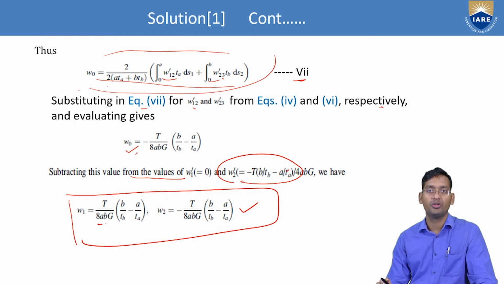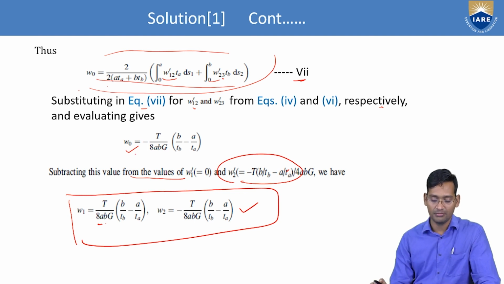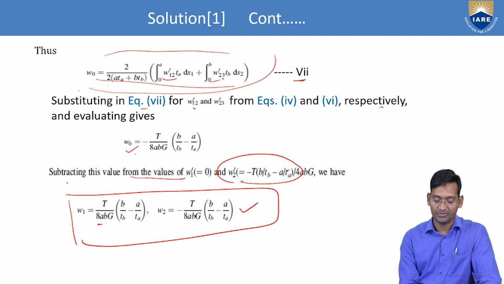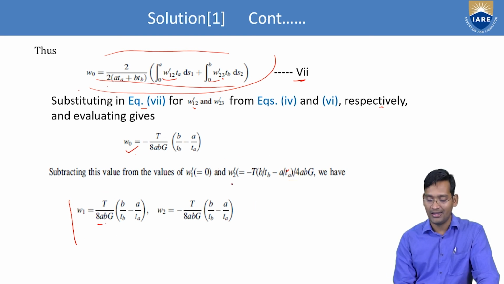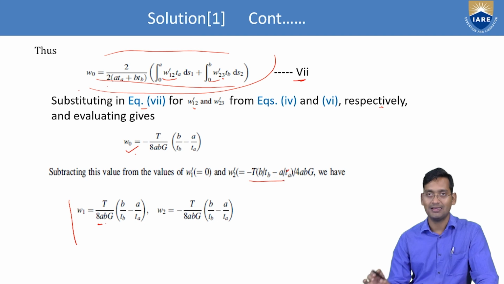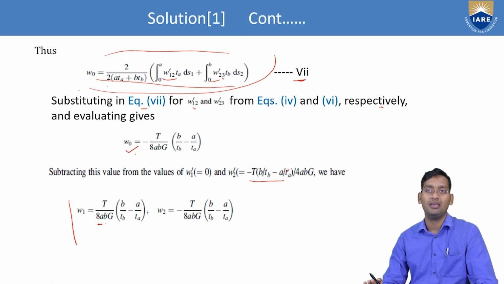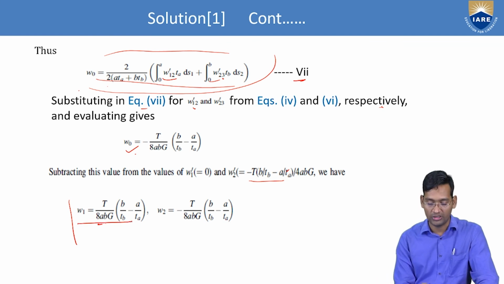W naught equals T by 8ABG into B by TB minus A by TA. Subtracting this value from the values of W dash 1 and W dash 2, we get minus T into B by TB minus A by TA by 4ABG. We have W1 equal to this one.